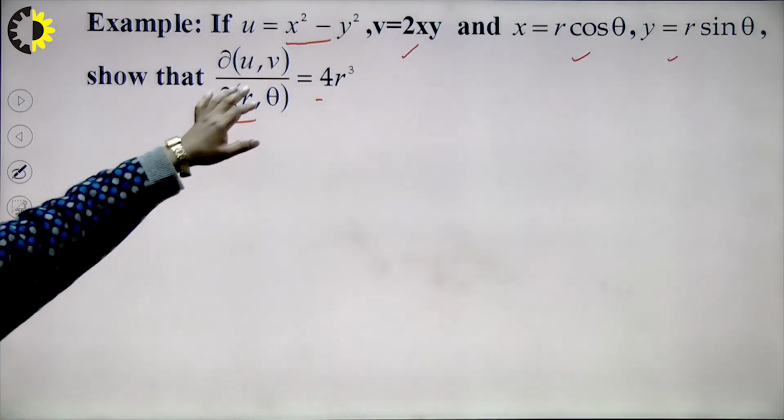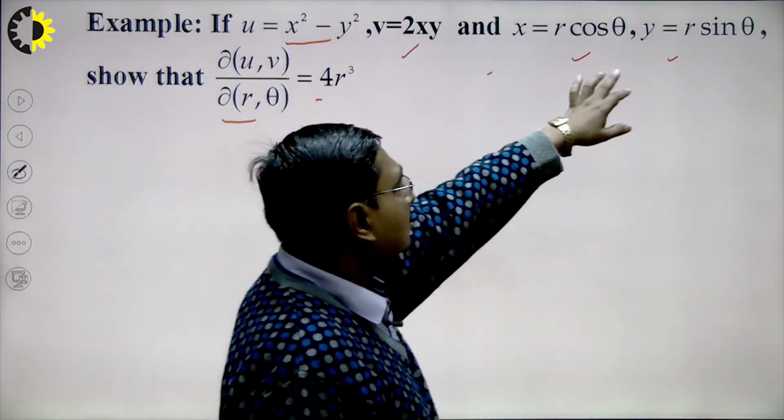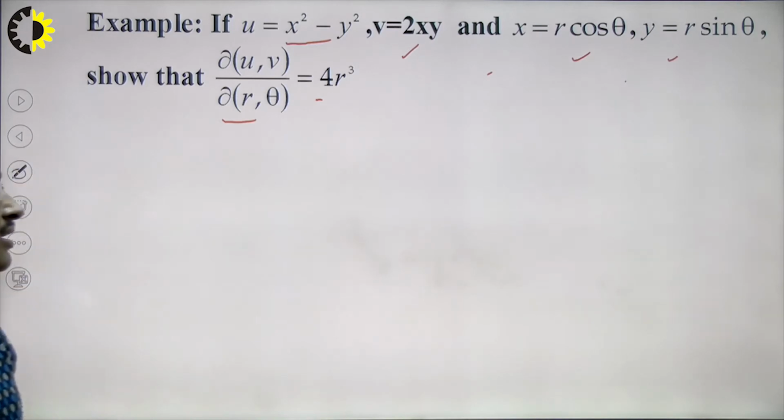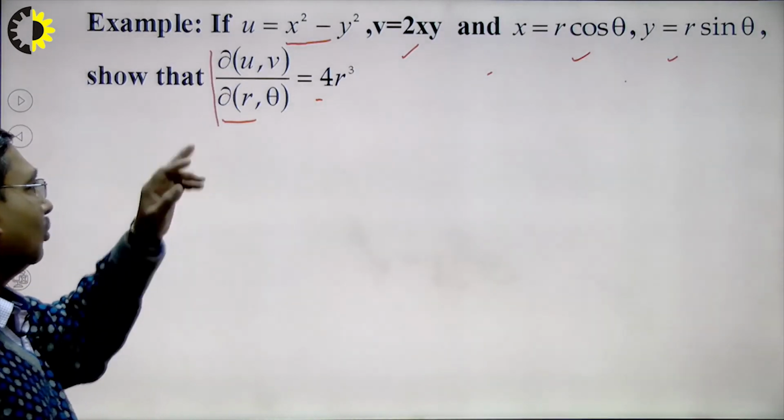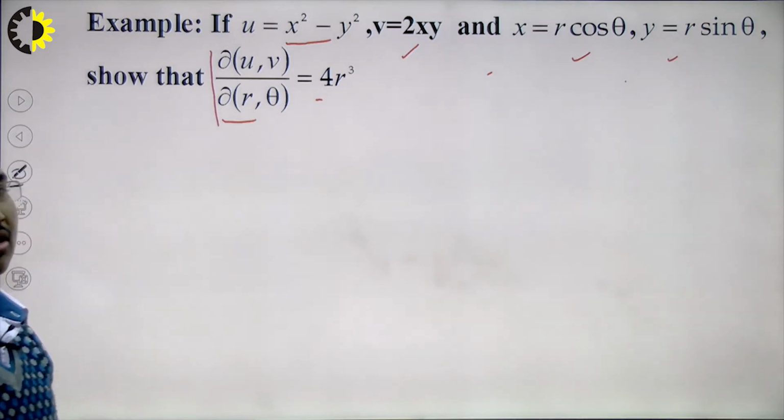The values of u and v are given in terms of x and y. The values of x as well as y are given in terms of r and theta, and we want to calculate this Jacobian del uv over del r theta. In fact, we are to show that this value comes out to be 4 r cube.